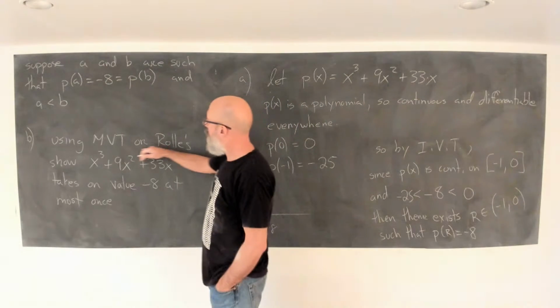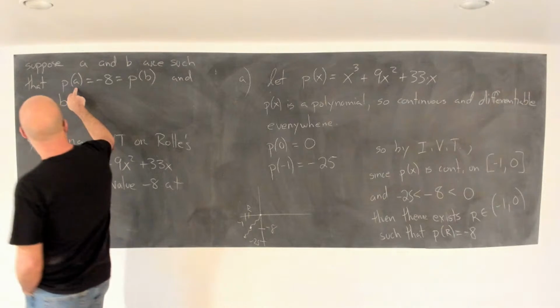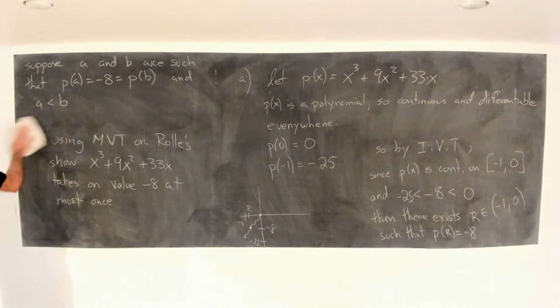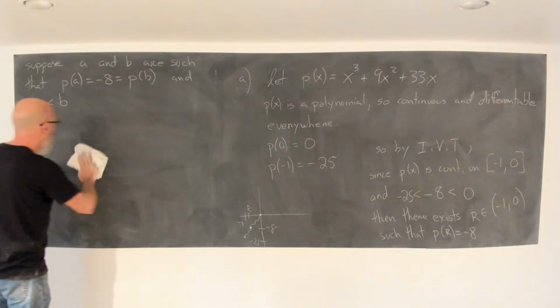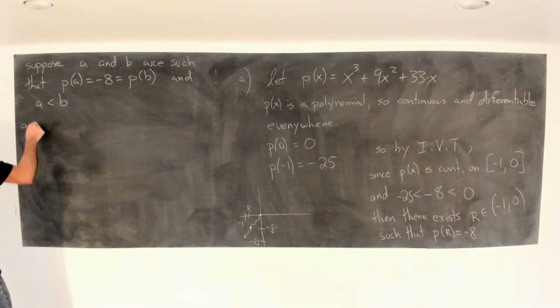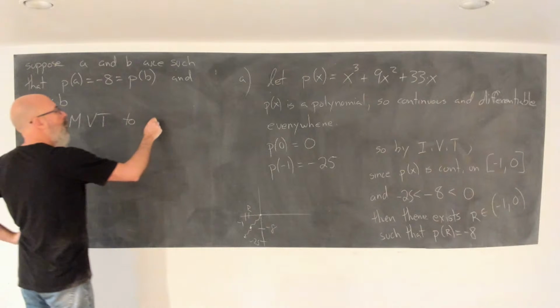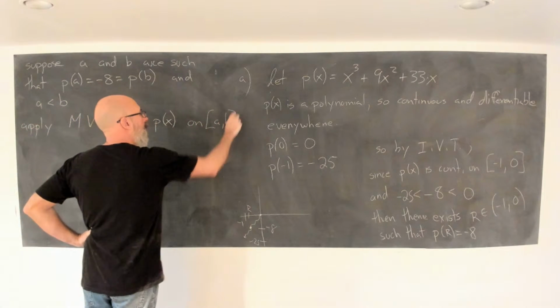Well, I mean, you recognize that you're in a Rolle's theorem situation, right? P of A is equal to P of B, or, it doesn't have to be Rolle's theorem. Let's just do the mean value theorem. You know that Rolle's theorem is a special case of the mean value theorem. So apply the mean value theorem to your function on the closed and bounded interval AB.